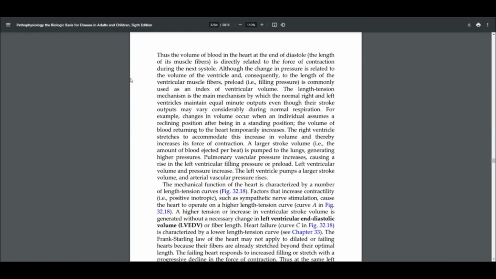A larger stroke volume is pumped to the lungs, generating higher pressures. Pulmonary vascular pressure increases, causing a rise in the left ventricular filling pressure, or preload. Left ventricular volume and pressure increases. The left ventricle pumps at a larger stroke volume, and arterial vascular pressure rises.